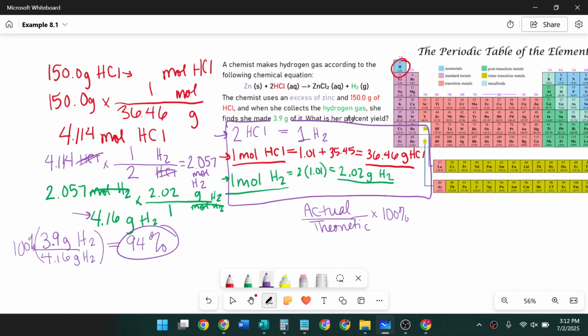If you want to, again, review, what we did was we established our conversion relationships. That's the purple box. And then we took the grams that were given, converted it to moles using that conversion relationship, the red one. Then we took the moles of one substance and converted it to the moles of another using our purple equation conversion relationship.